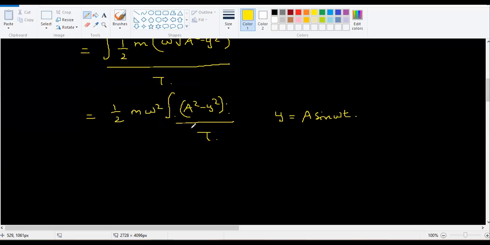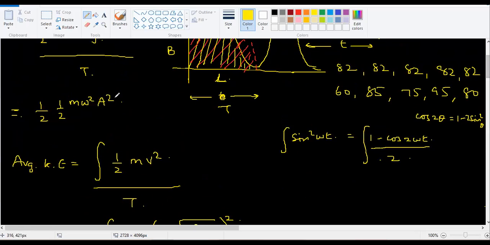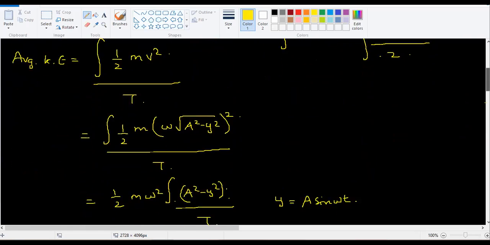So for now, I'm not going to do that integration, because they're not going to ask you the integration method. We'll be getting 1 by 2 into 1 by 2 m omega squared a squared. What this means is 1 by 4 m omega squared a squared plus 1 by 4 m omega squared a squared, which means if I add them, it will become 1 by 2 m omega squared a squared. That's what we studied in the last class.